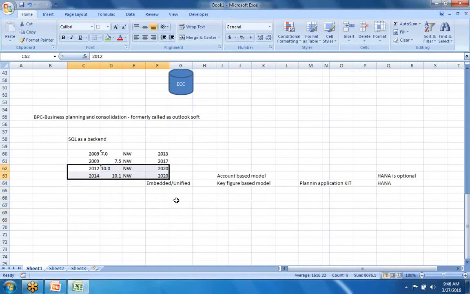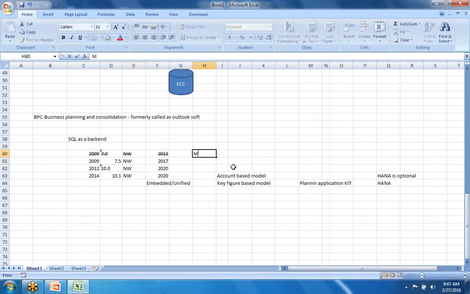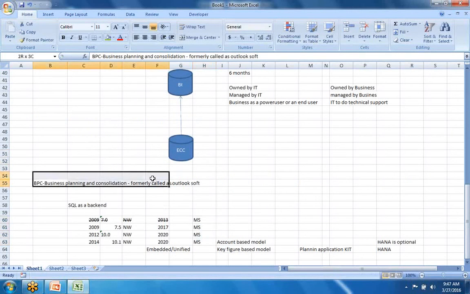If you see help.sap.com, you'll find two versions every time: the NetWeaver version as well as the Microsoft version. SAP has committed to a dual release because at the time when BPC was first acquired from OutlookSoft, most of the customers were running OutlookSoft on SQL.